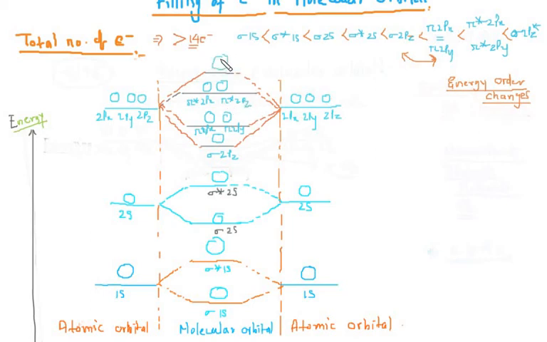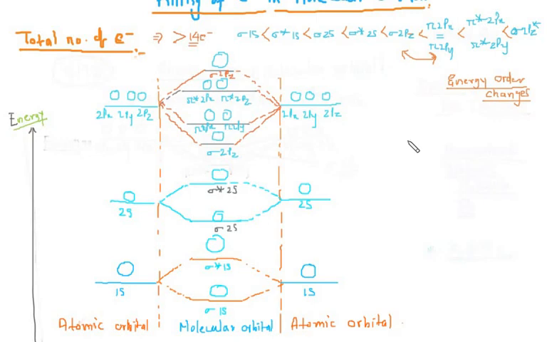And finally comes the highest energy orbital, that is nothing but sigma asterisk 2pz. Okay, so this is all about the filling of the electrons in the molecular orbitals. Now just by writing the electronic configuration, you keep on filling the electrons in the molecular orbitals.